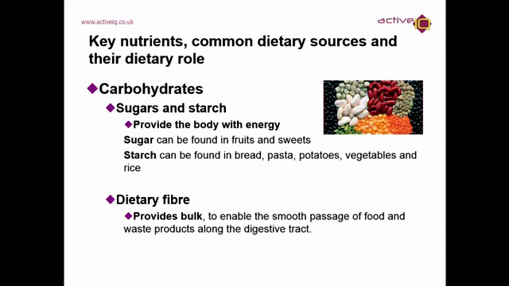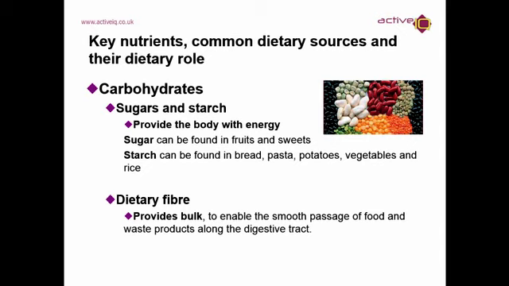What we want to do first is identify some of these key nutrients that are found in the body. The first key nutrient I want to talk about today is carbohydrates. Carbohydrates come from sugars and starches. A sugar is something that can be found in fruits and sweets.